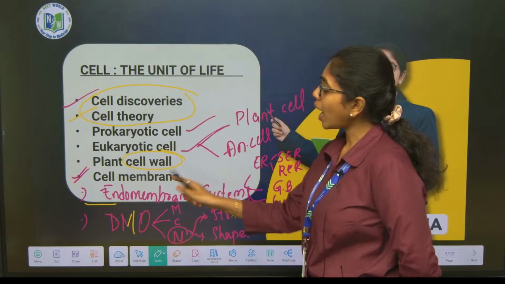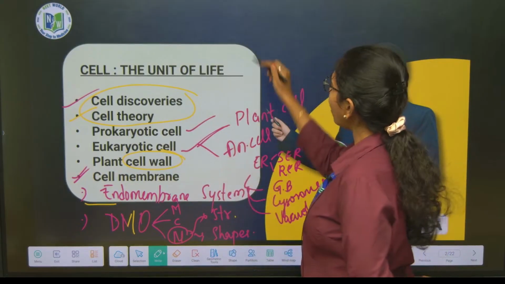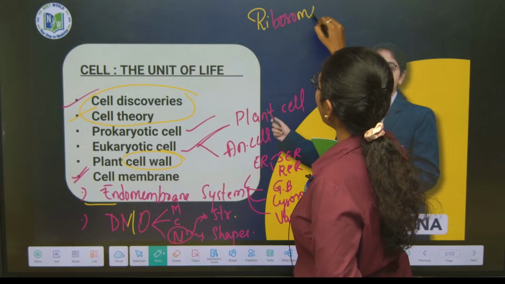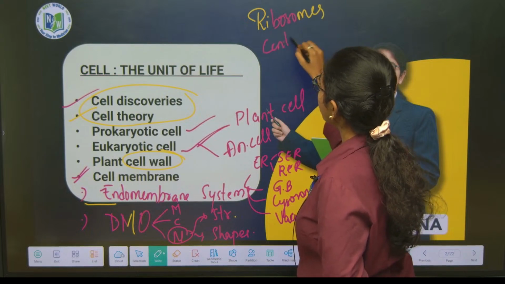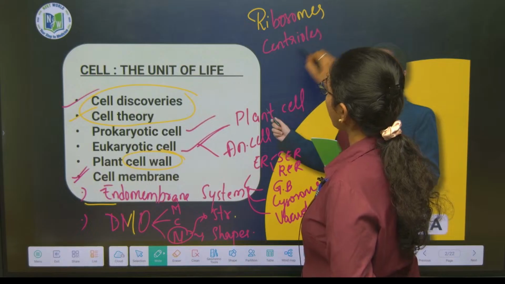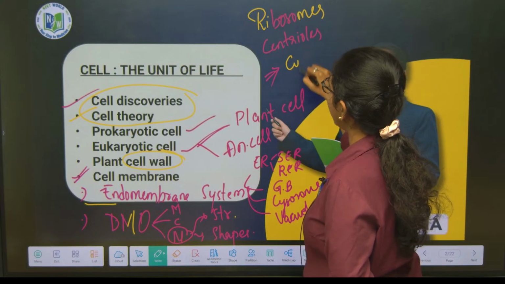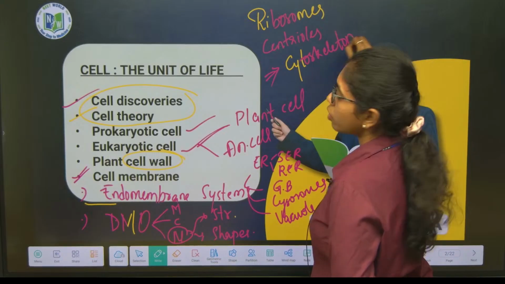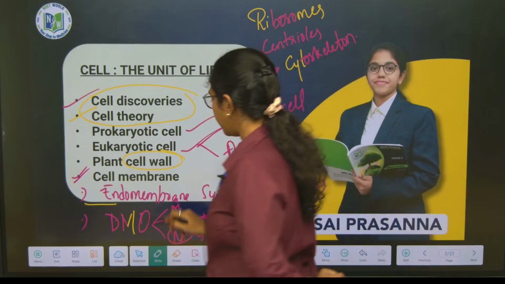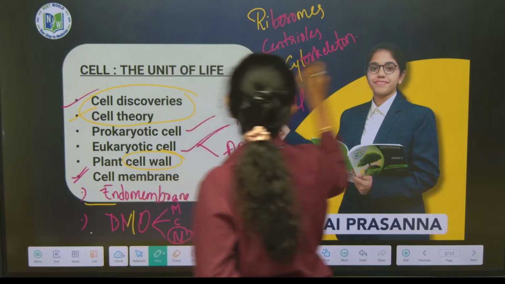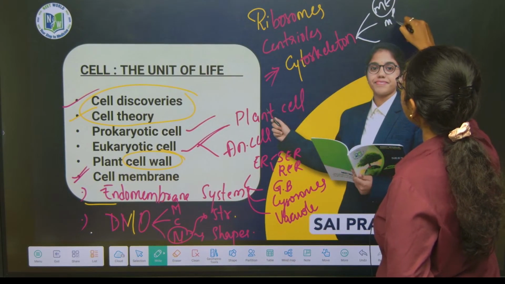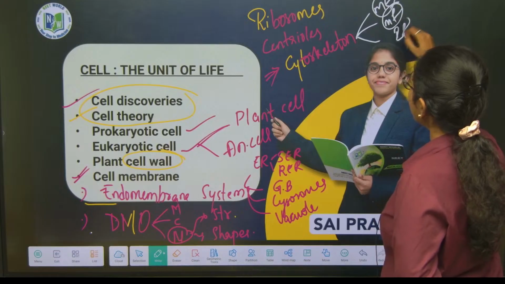And then non-membrane bound organelles. We have to clearly learn and understand about ribosomes and centrioles. Along with all these concepts, the most important concept, that is cytoskeleton. Cytoskeleton will include what? Proteinaceous filaments like microtubules, microfilaments, and intermediary filaments.